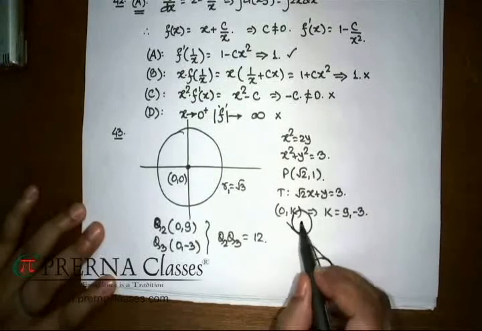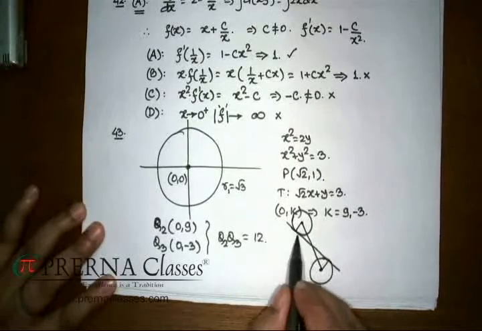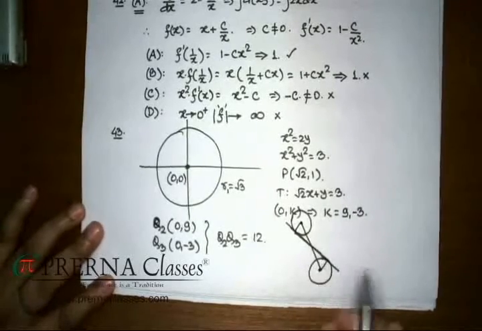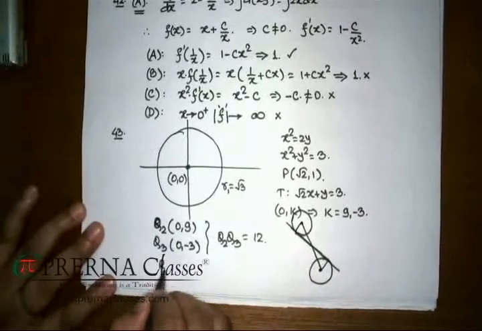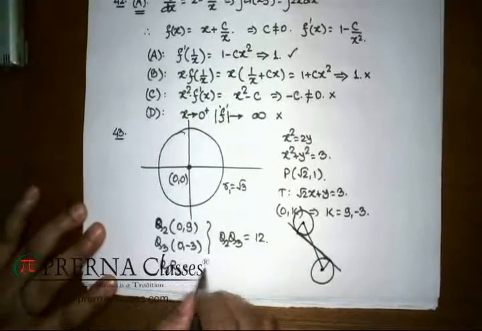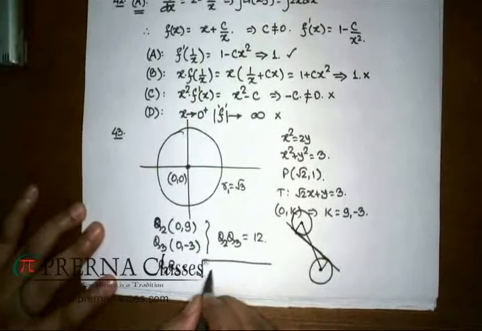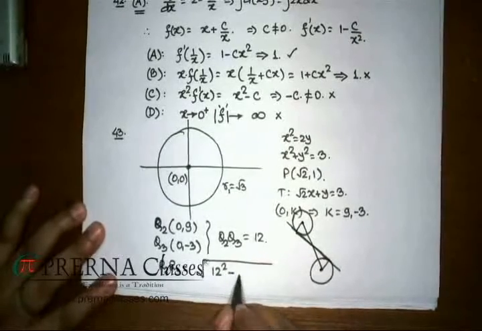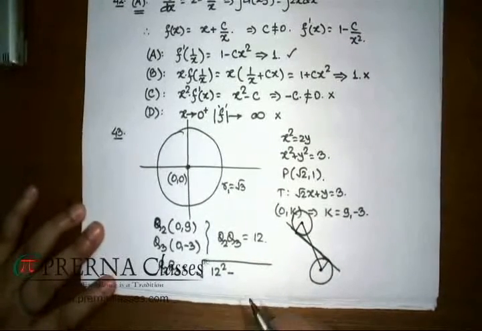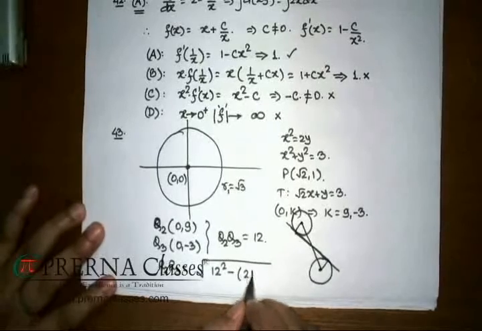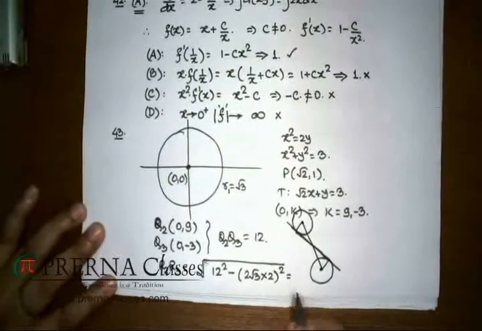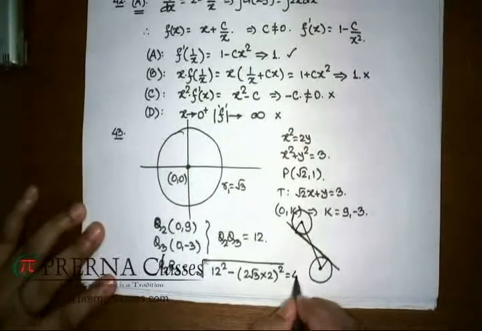Clearly you are then looking at the length of this internal common tangent, which is given by a formula: the distance between their centers squared minus the sum of the radii whole squared, which is going to give you the ultimate value as 4 root 6.